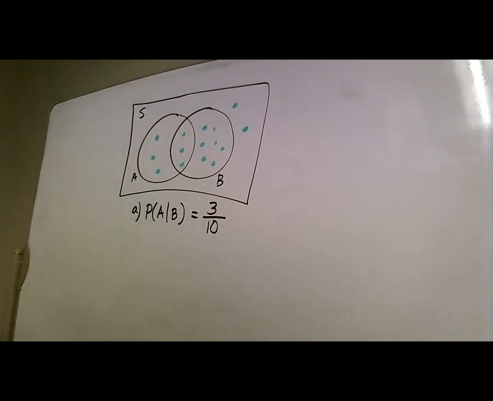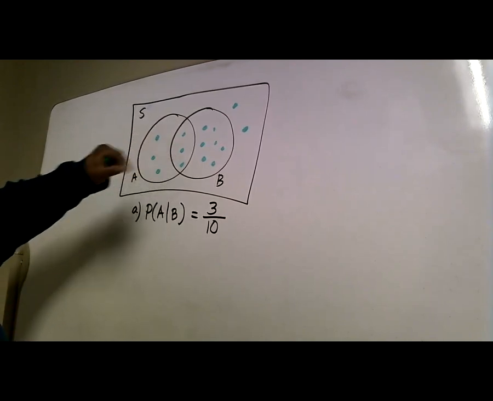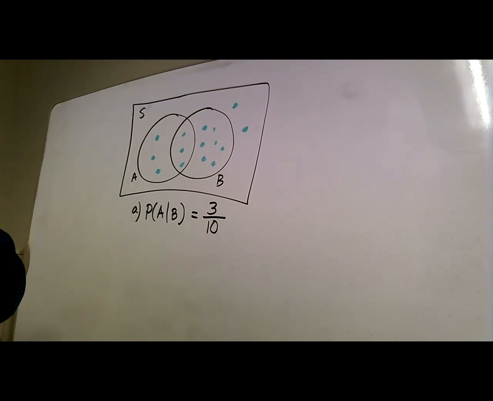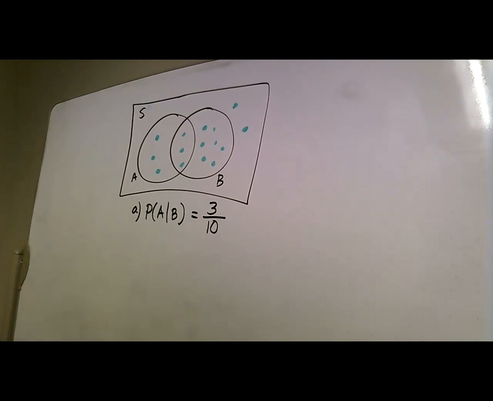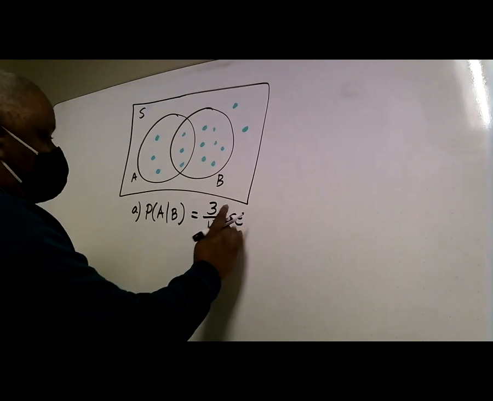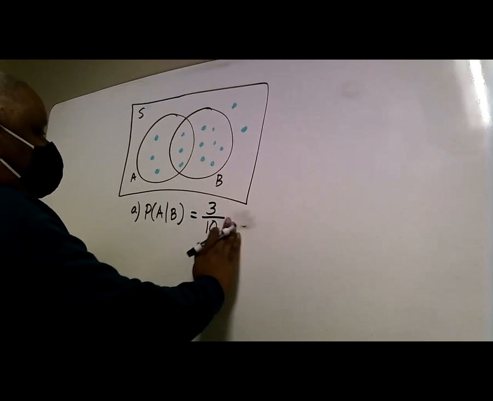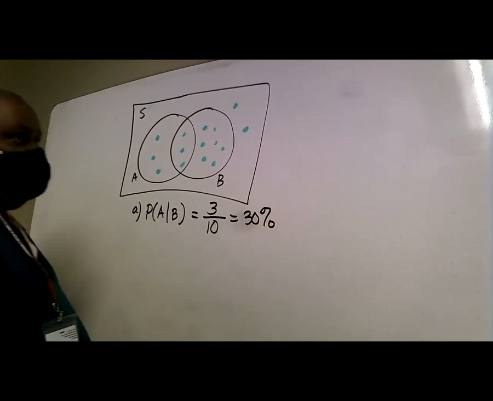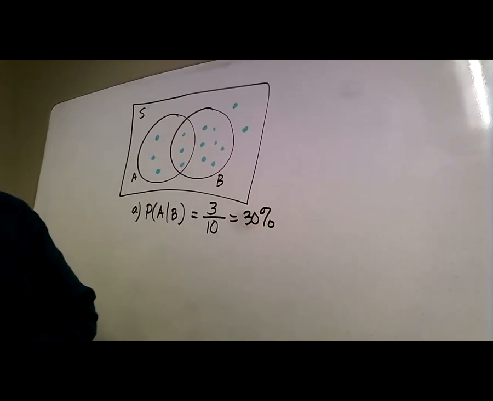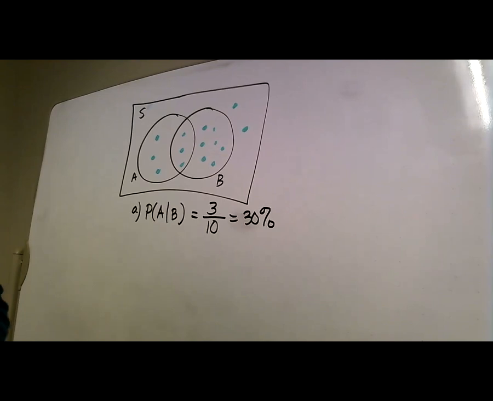That's going to be the answer right there. Because notice, these 3 dots are also in A, and there are 10 dots in B. So it'd be 3/10. So 3/10 as a percent is 30%. So the probability of event A, given that event B has occurred, would be 3/10.